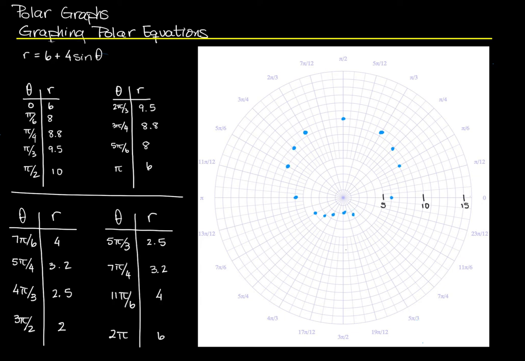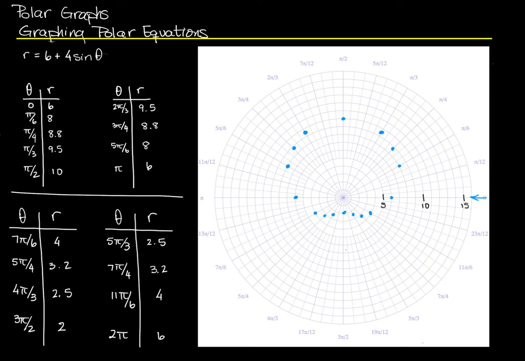All right, the next one is 7 pi over 4 and 3.2, so that is there. We're almost there. Now we have 11 pi over 6 with 4, that is here. And then finally we have 2 pi, which is at 6, and that is actually already there.